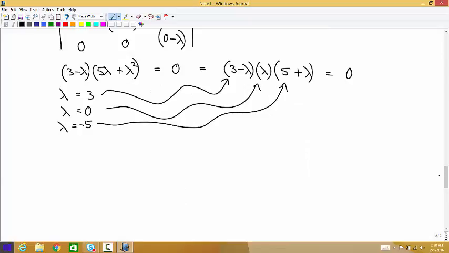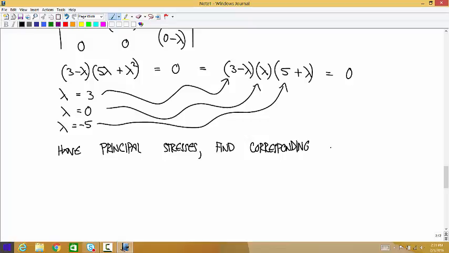Okay, so now we have to figure out the coordinate system axis directions. We have the principal stresses, and now we want to find the corresponding axes. So I'm going to start with lambda equals 0.